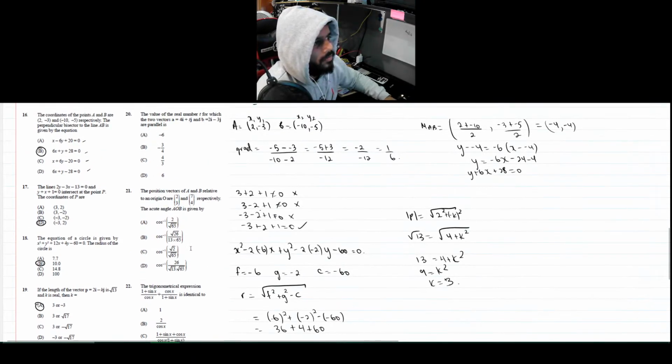The value of the real number t for which those two vectors are parallel: if two vectors are parallel, then one can be expressed as a scalar multiple of the other. So A is 4i plus tj and B is 2i minus 3j.